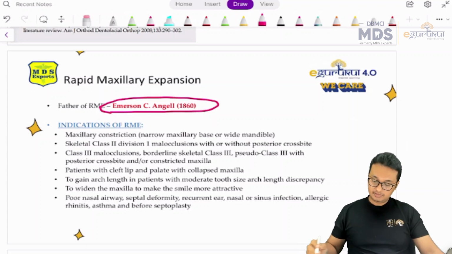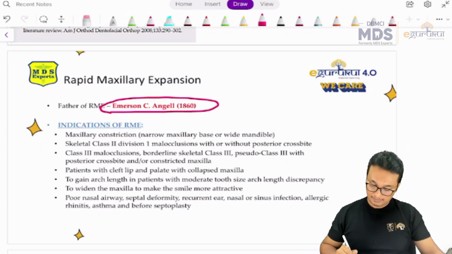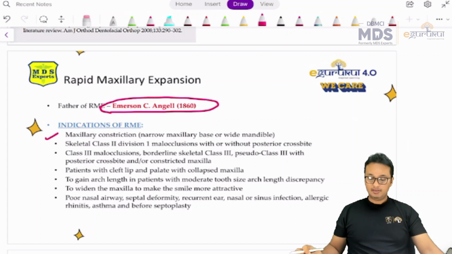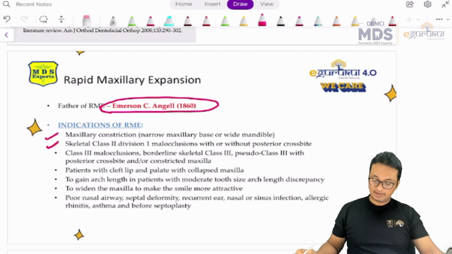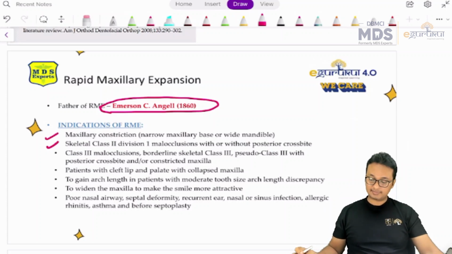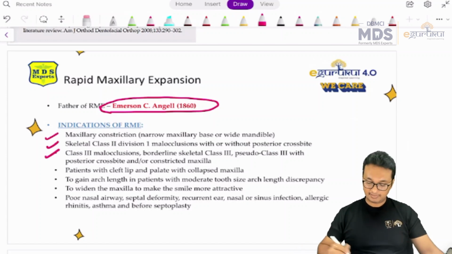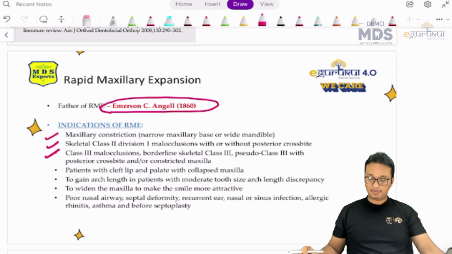Maxillary constriction, which has a narrow maxillary base with a wide mandible. Whenever there is skeletal class 2 division and malocclusion with or without posterior cross bites. In case of high palatal arch, then whenever we have class 3 malocclusions, borderline skeletal class 3 cases, pseudo class 3 cases with posterior cross bite or constricted maxilla, patients with cleft palate and lip with collapsed maxilla.